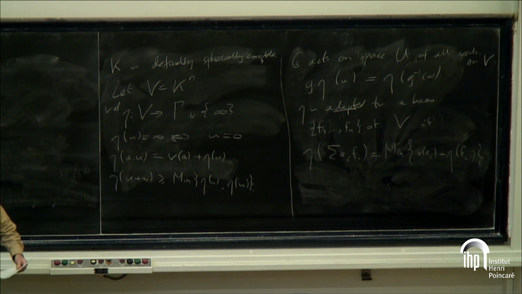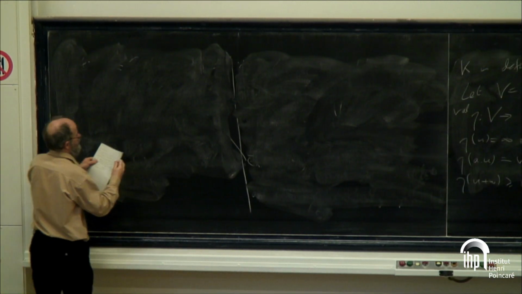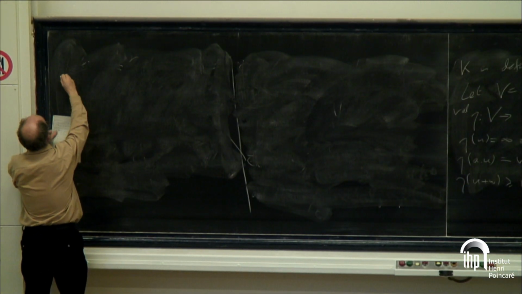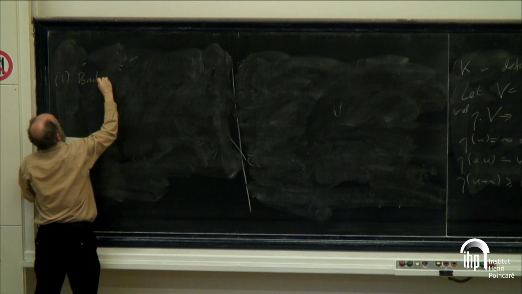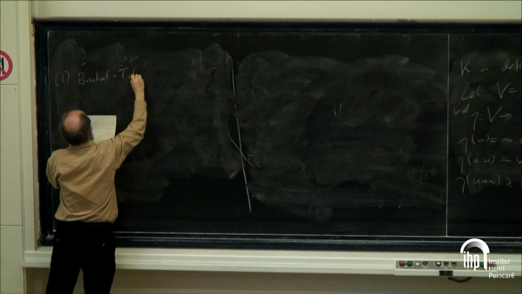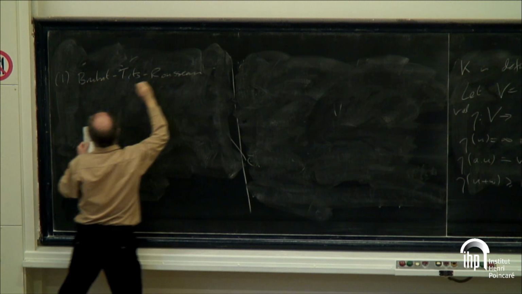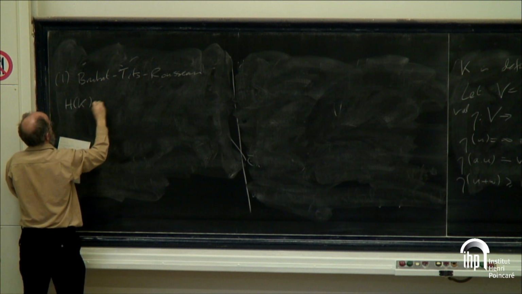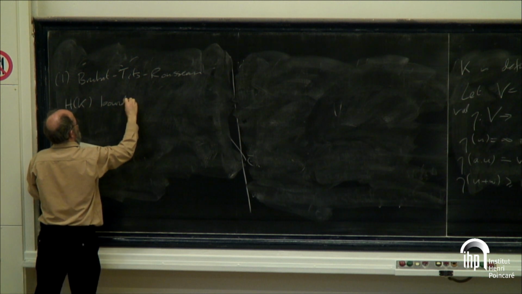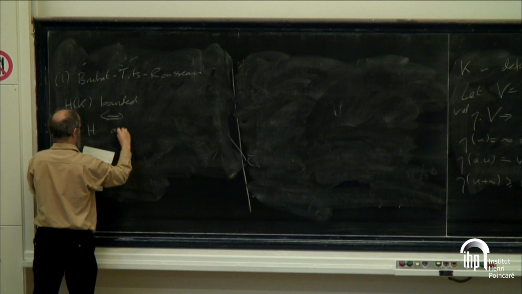So he actually attributes them to others. So there's a paper of Prasad with nice proofs of results. The first result he attributes to Bruhat, Tits, and Rousseau. This would say that H of K is bounded if and only if H is anisotropic.